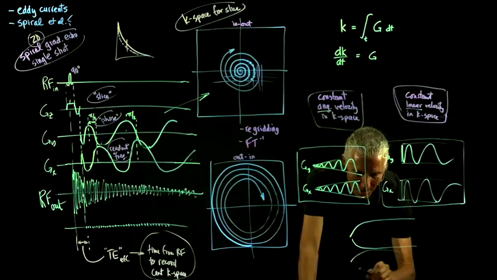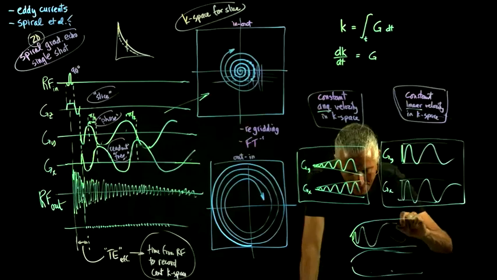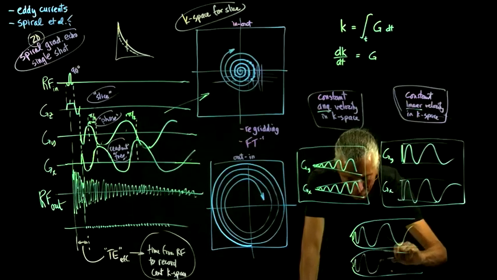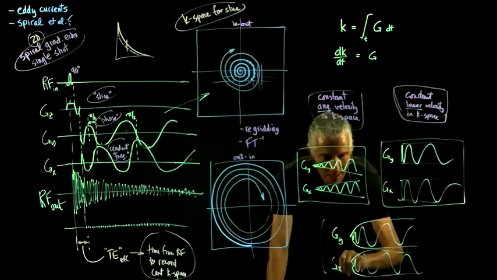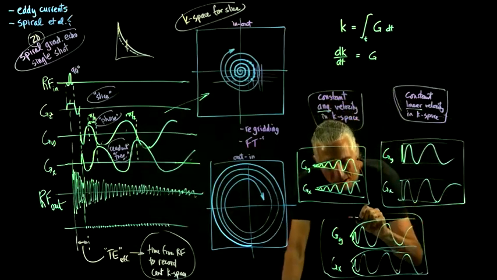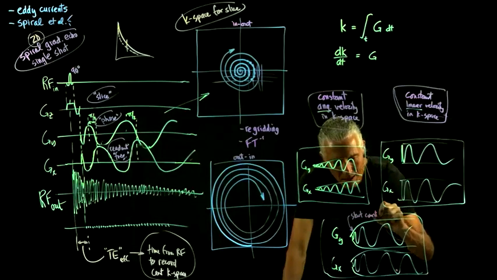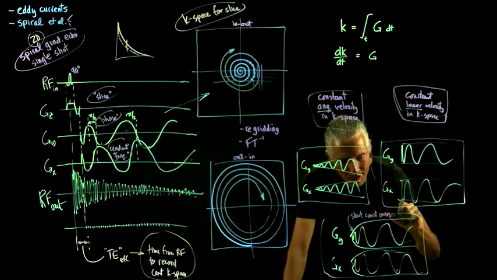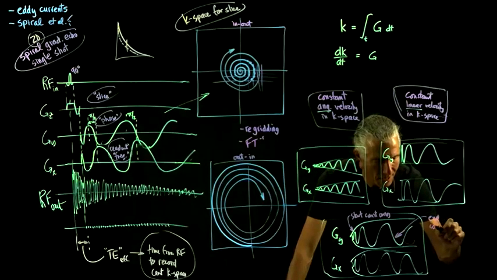And so you would get some gradients that look like something like that. So that's like start Gx. So that guy is like start constant angular, and then end constant velocity.